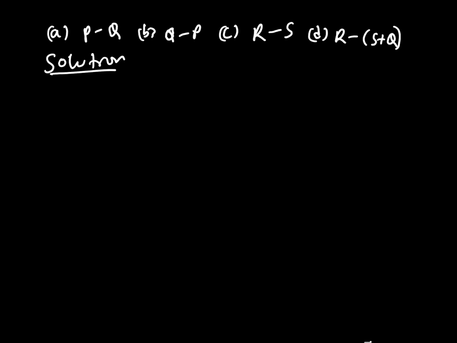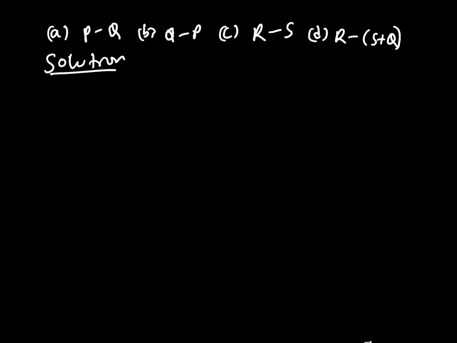So we have been given the matrices and they want us to find P minus Q, Q minus P, R minus S, and R minus S plus Q. So if it's not possible for you to compute whatever they are asking you, don't do it. Remember, we only subtract or add matrices if they have the same order. So that's why he's bringing in the other thing, find where possible. If not possible, it will be determined by the order of the matrices.